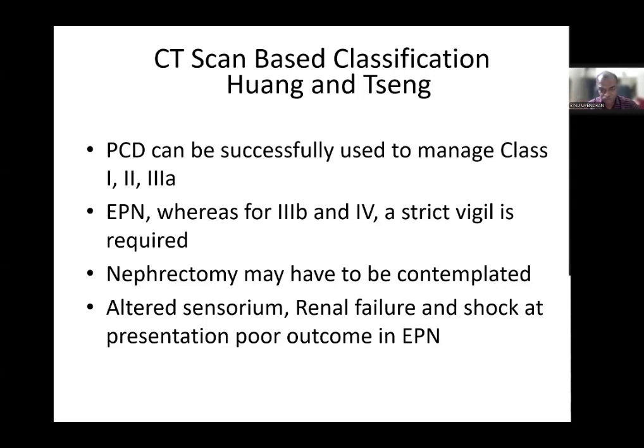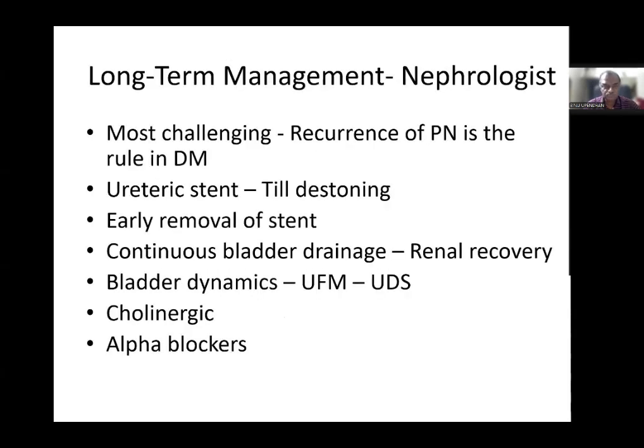Nephrectomy may have to be contemplated in these patients, but PCD or stenting has to be done if there is obstruction or if it is accessible. Altered sensorium, renal failure, and shock indicate poor outcome in EPN, and one has to decide on nephrectomy based on the progression in the first 24 hours.